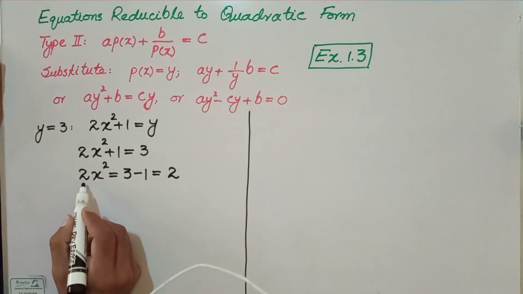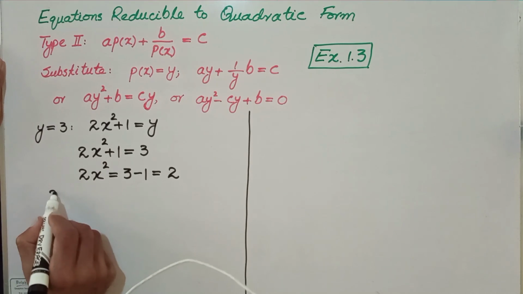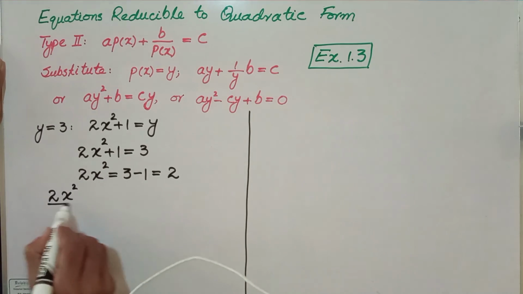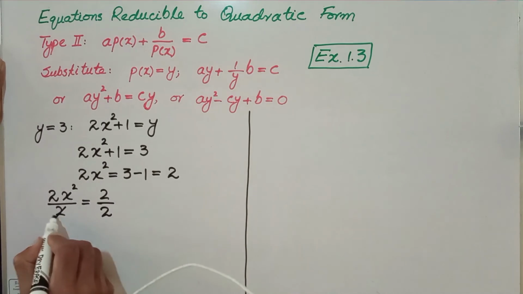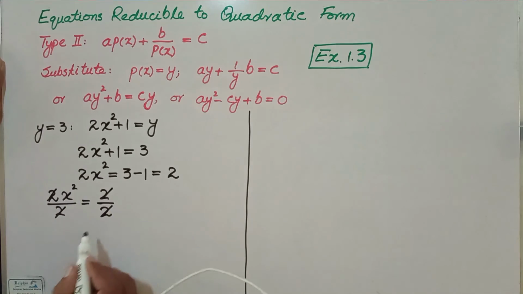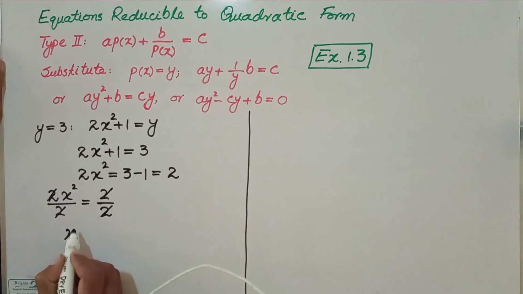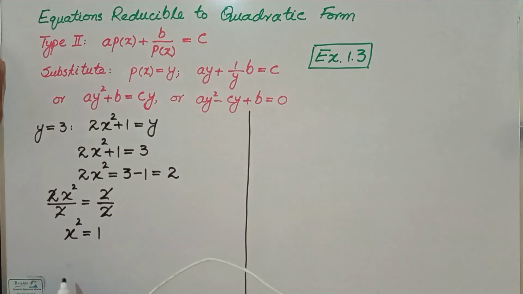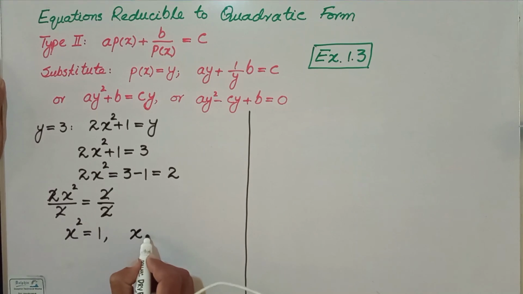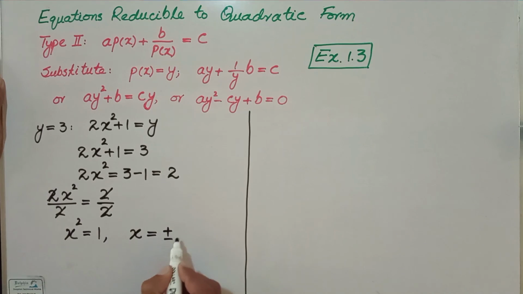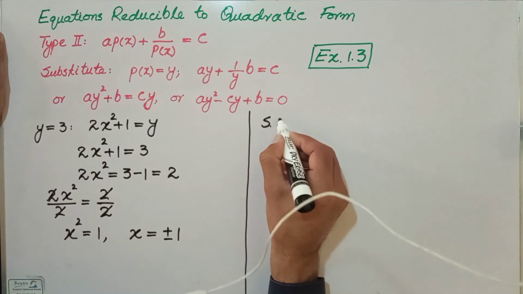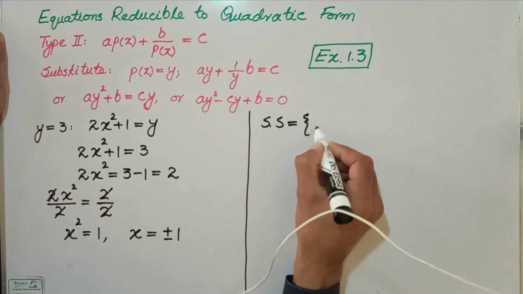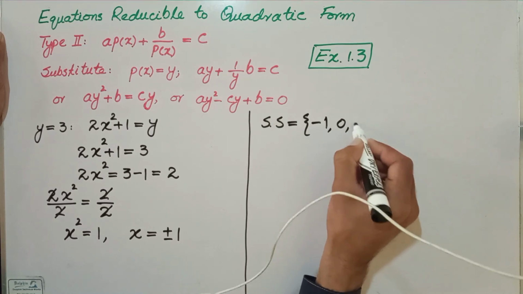Then dividing both sides by 2, we have 2x square divided by 2 is equal to 2 divided by 2. 2 is cancelled with 2. Similarly here, 2 cancelled with 2. We have x square is equal to 1, or taking a square root on both sides, we have x is equal to plus or minus 1. Thus the solution set becomes minus 1, 0 and 1.